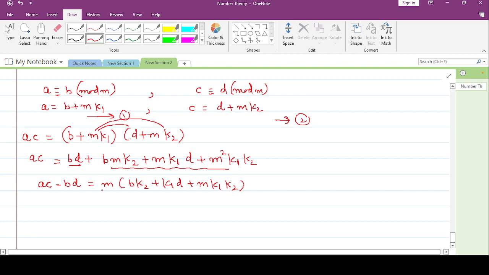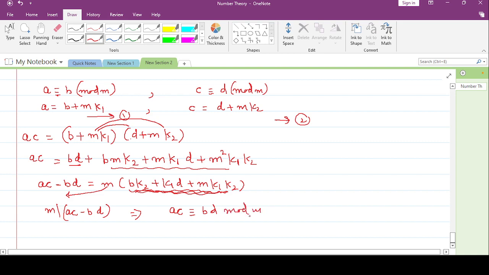So here m divides ac minus bd, because all these are integers, so their addition and multiplication is also an integer. As m divides ac minus bd, we can say that ac is congruent to bd under modulo m.